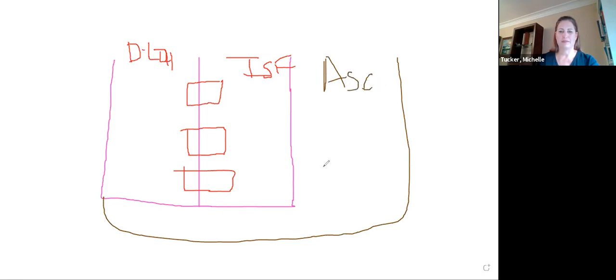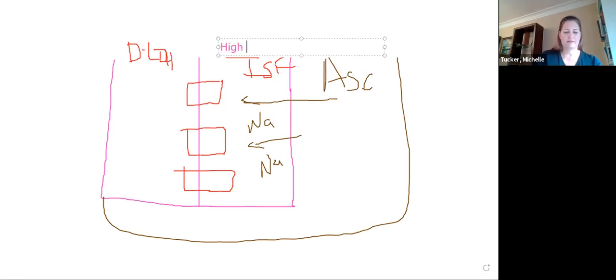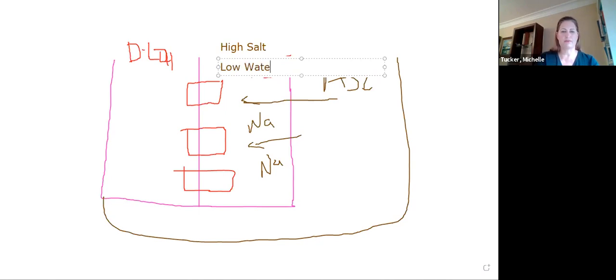The ascending limb is increasing the salt concentration. High salt does not leave room for water, so a high-salt part of the solution means low water.